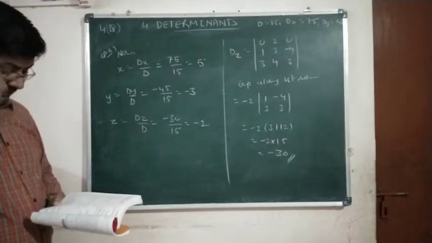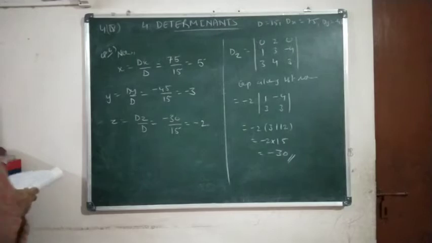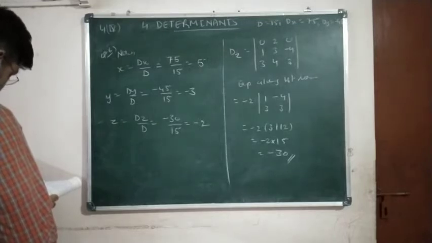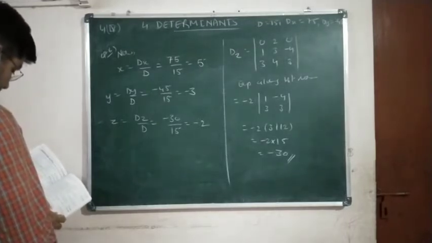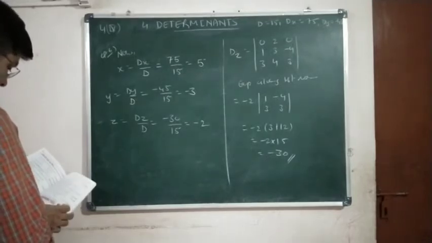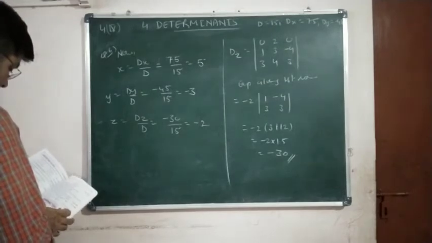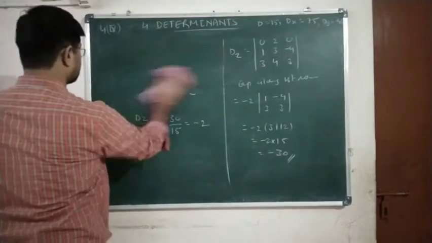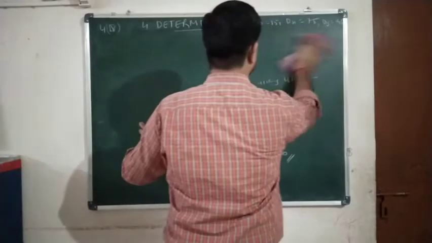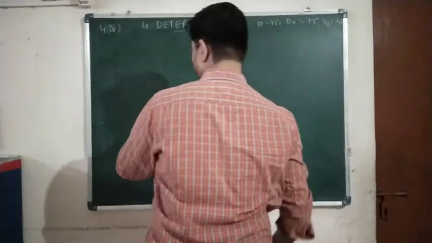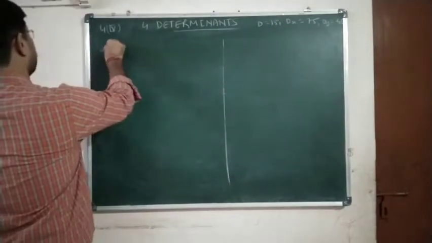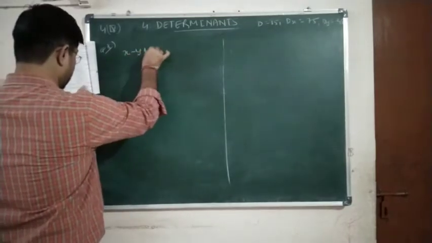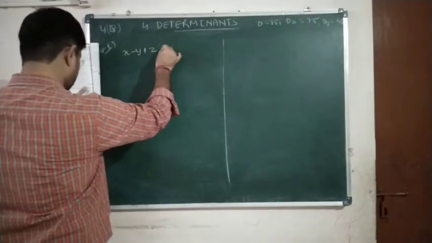Now let us solve question number 8, first one. x minus y plus z minus 4 is equal to 0.